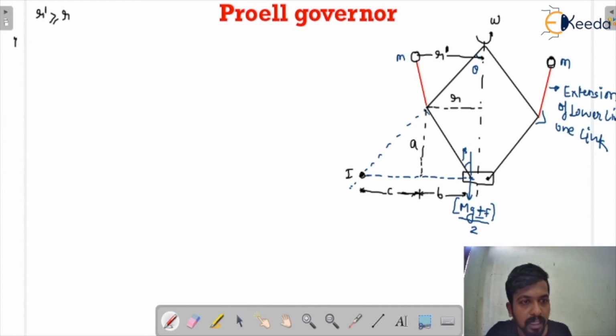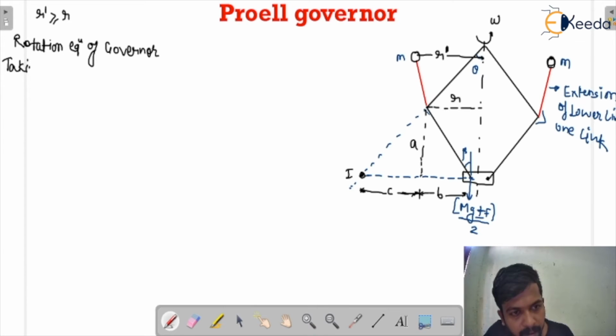So I am writing here rotational equilibrium for governor. How can you find the rotational equilibrium for governor? By taking moment about instantaneous center.